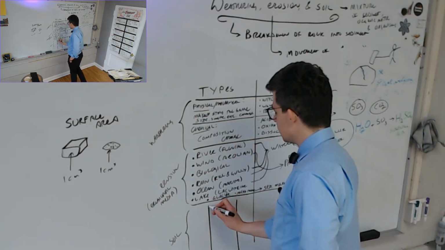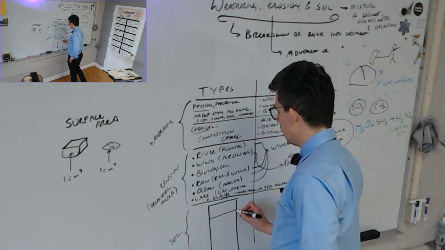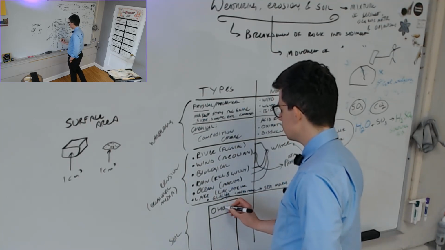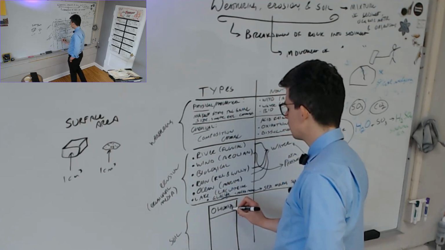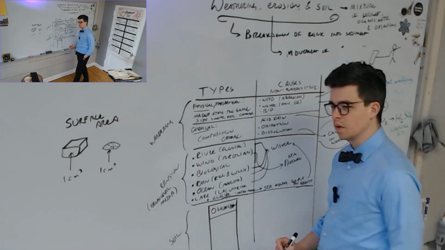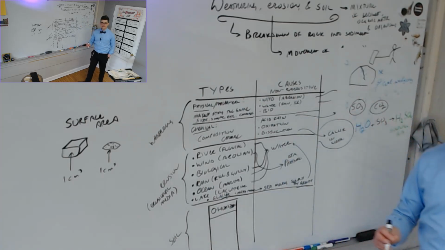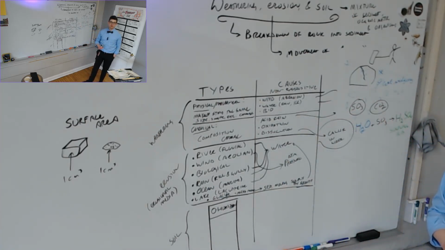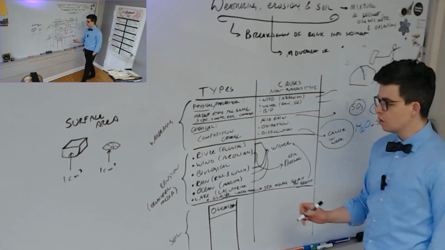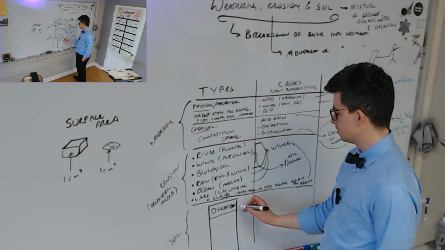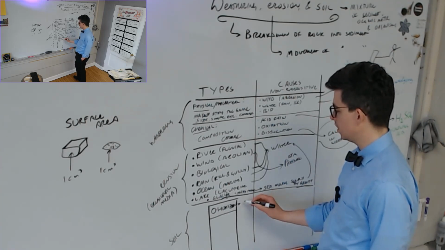The top layer of a soil is called the O horizon. Can you guess what O might stand for in O horizon? No? Good guess, though. That does start with O. What else is soil made out of besides sediment? Organic matter. The O horizon is the layer of organic matter, which we sometimes call humus.